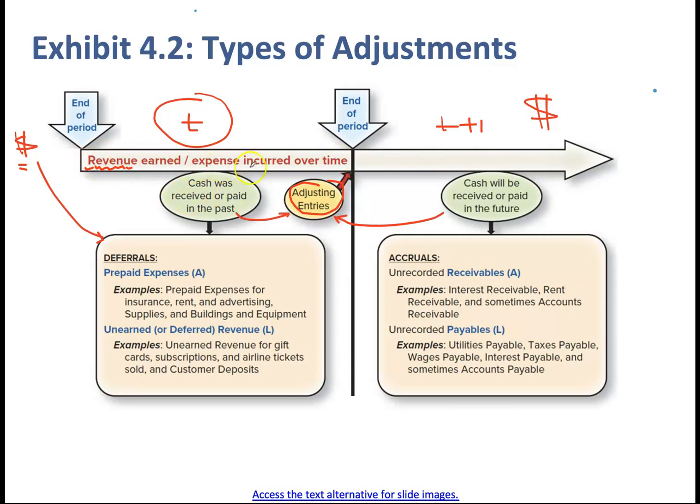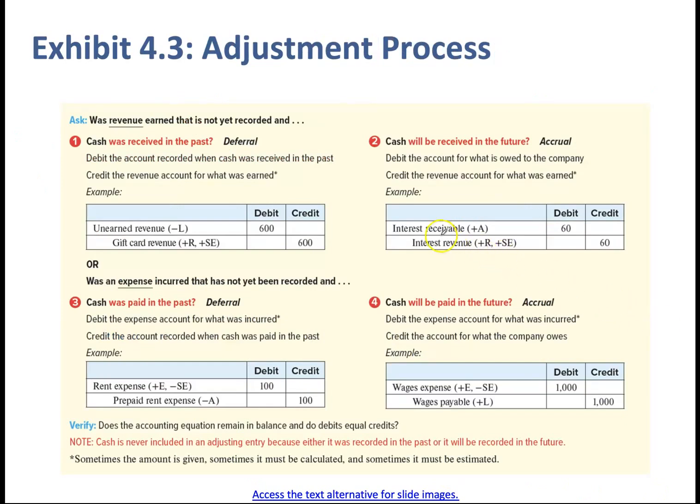When time passed by for period T, we earn the revenue. So revenue is earned in period T, but the interest is going to be received in the next period. In that case, we need to debit interest receivable, which is an asset that gives us future benefit, and then we are going to credit interest revenue.